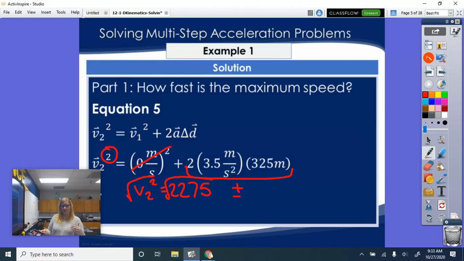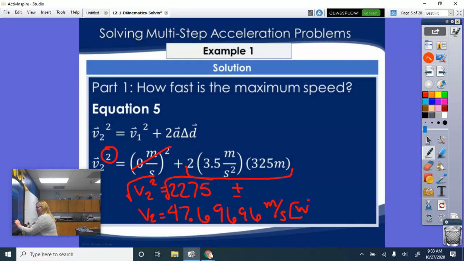We know, though, that we're speeding up, so we're going to have a positive number. So my final velocity at the end of part 1 is 47.69696 meters per second. In this instance, we're still heading west because we knew we were speeding up, and it's a positive number.